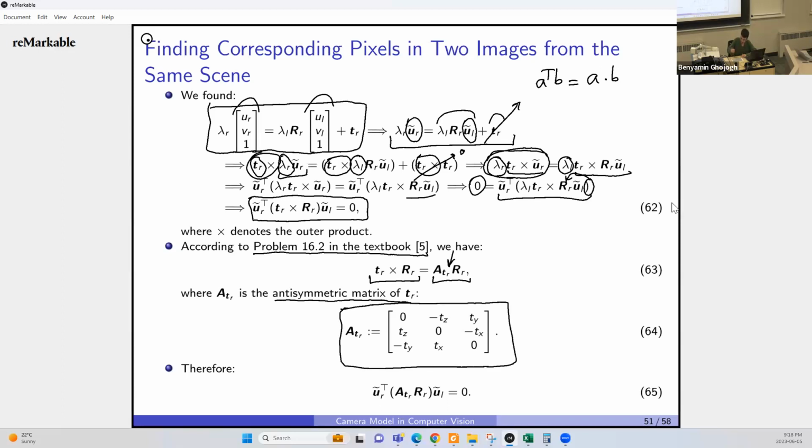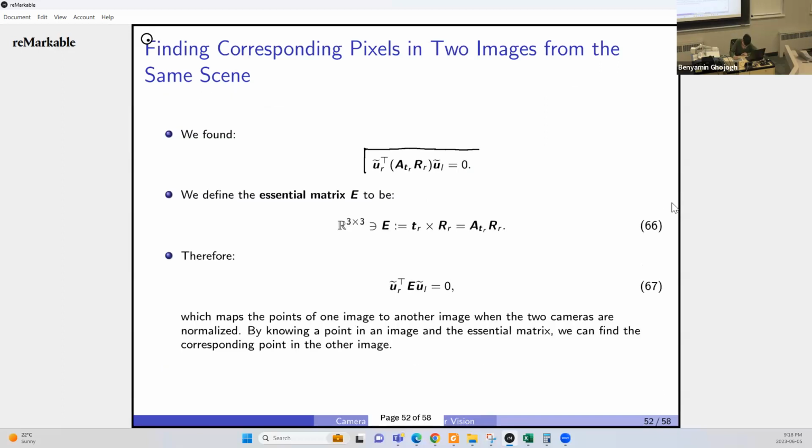You will put TX, TY, and TZ of the right camera in these elements. It gives you ATR. If you multiply ATR by RR, it can be proved that it is equal to TR outer product RR. So we accept that from Prince, and then we replace what we found here by ATR RR. Equation 65 is obtained.